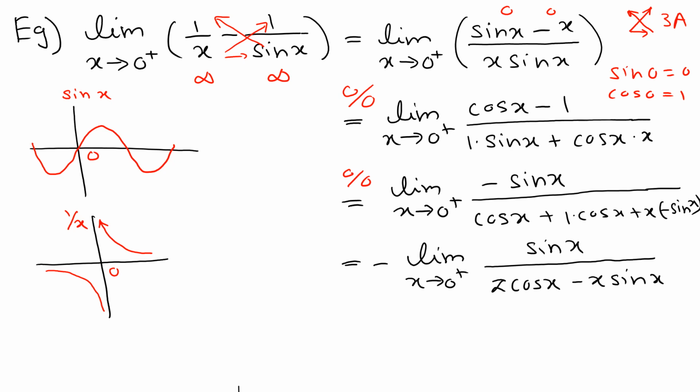Now when x goes to 0, this whole term goes to 0, but this goes to 1. So because of that you get 0 over 2, which is 0. So the final answer is 0 for this problem. This problem can be a little lengthy because of the algebra involved. So let's look at another problem.